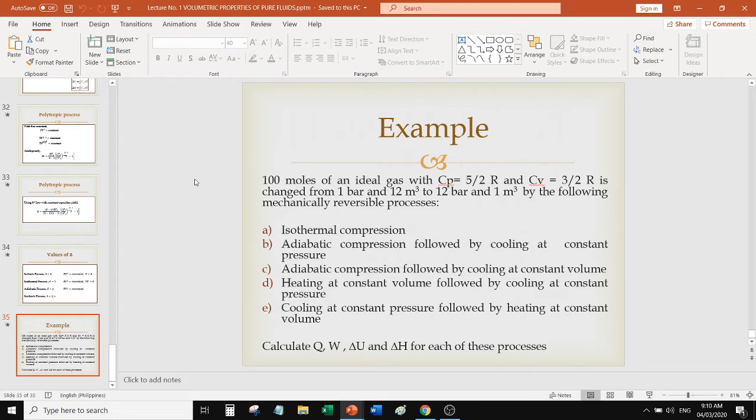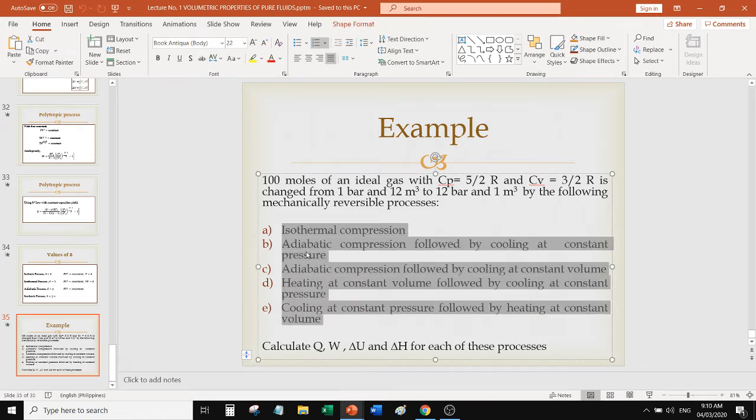The conditions would be non-flow, reversible, ideal gas. So 100 moles of an ideal gas with a given Cp of 5/2 R and Cv of 3/2 R is changed from 1 bar and 12 meter cube to 12 bars and 1 meter cube by the following mechanically reversible processes.